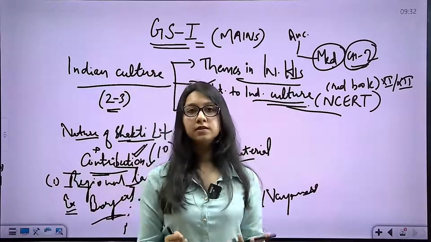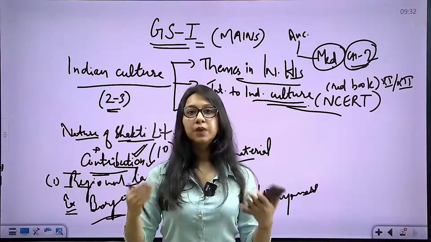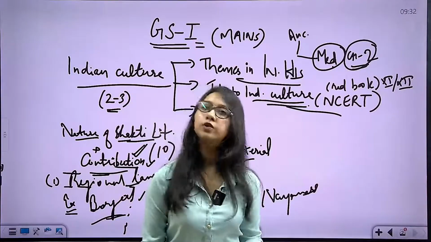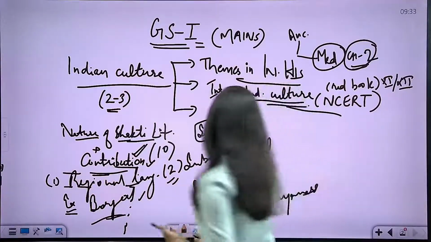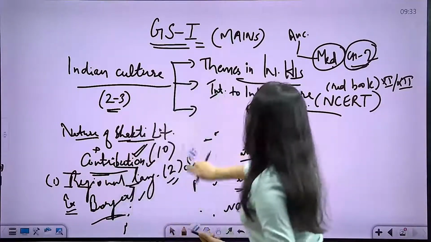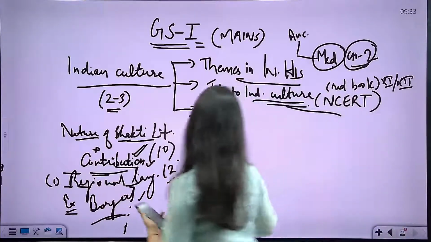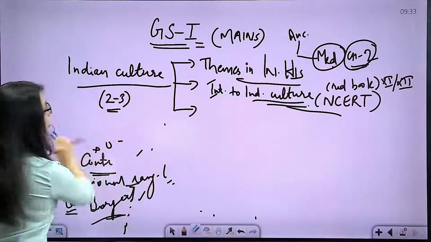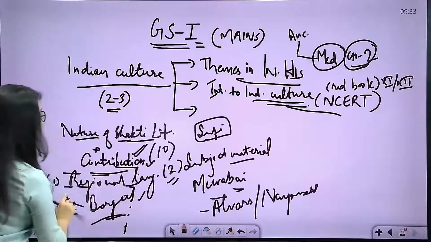You give the comparison, you tell how different religions culminated into this Bhakti movement and give a very strong foundation to Indian society. Contributions is like that. So this was one example. The question was asked right this year, and again you can go and check this question. It's exactly there. Contributions is written, examples is written.